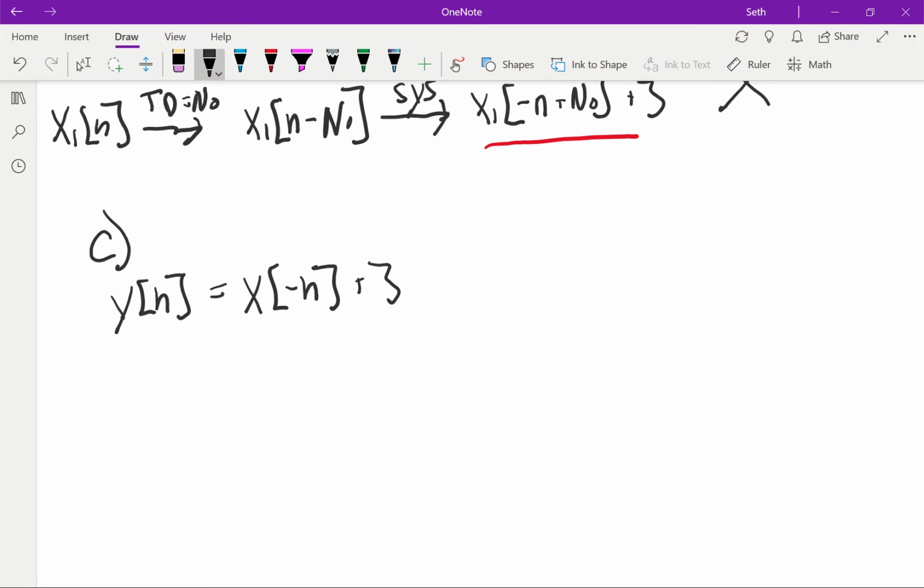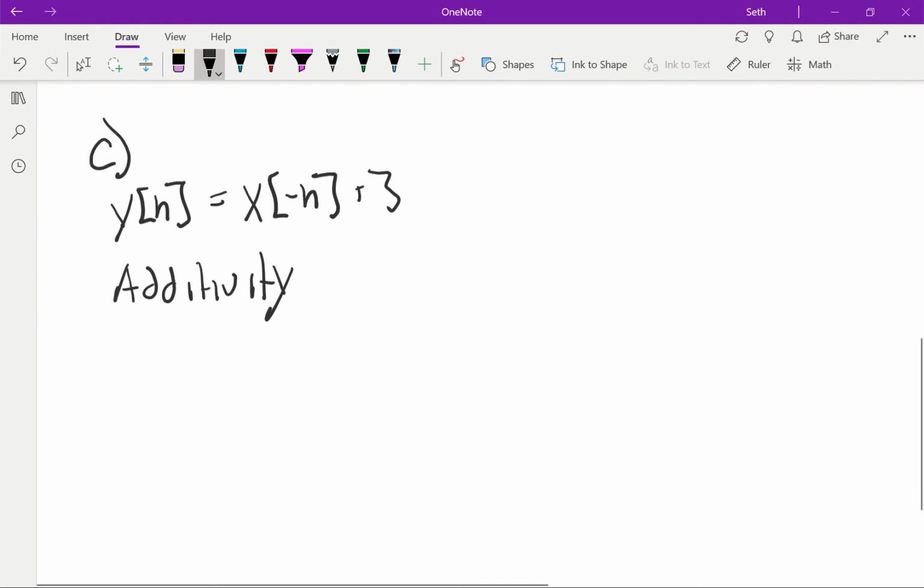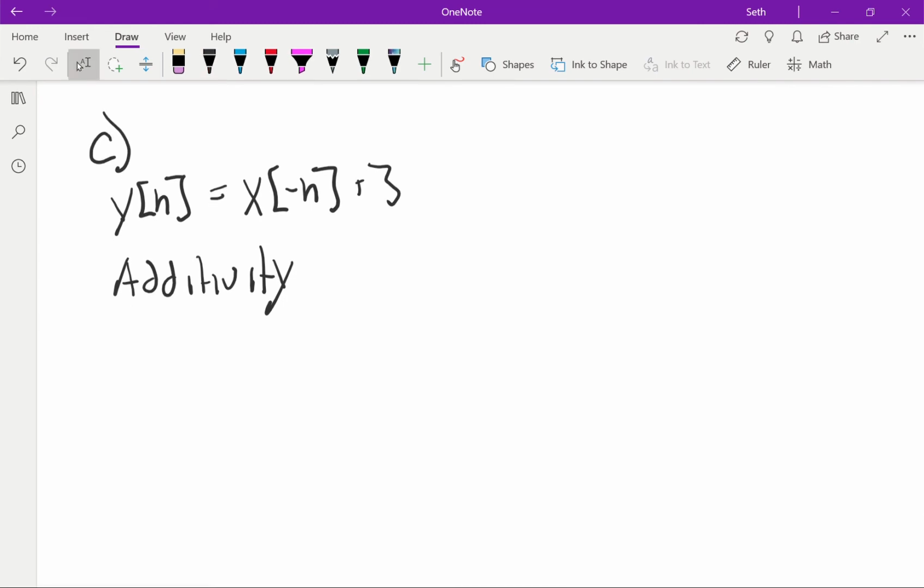So first we're going to do additivity, and if it's false, we won't have to check whether or not it obeys the principle of scaling too, and that will be nice. So the principle of additivity says that if we take two inputs, x1 and x2, add them, and then send that into our system, we should get the same as if we sent each input into the system individually and then added them.